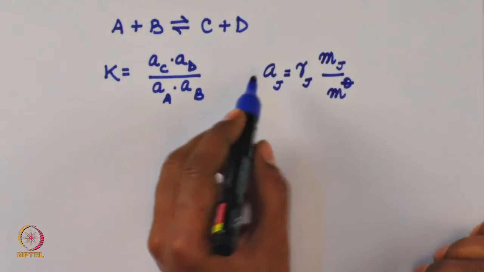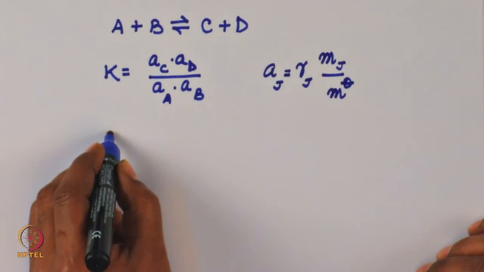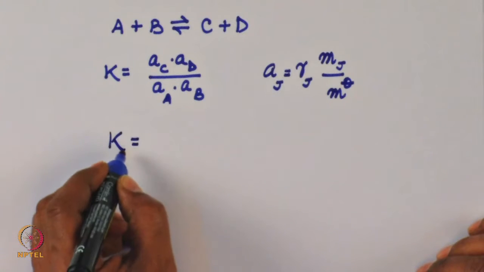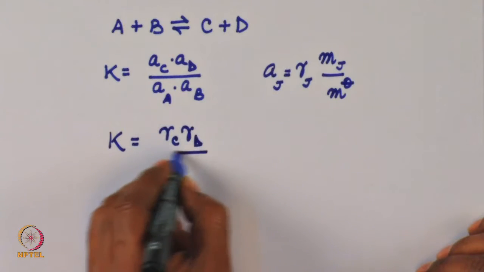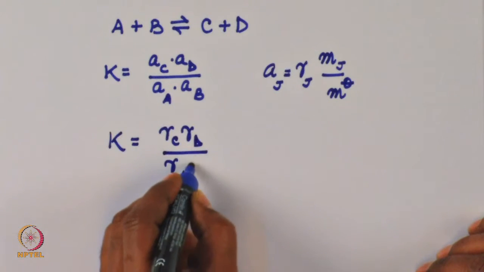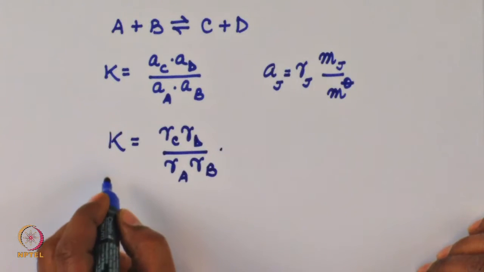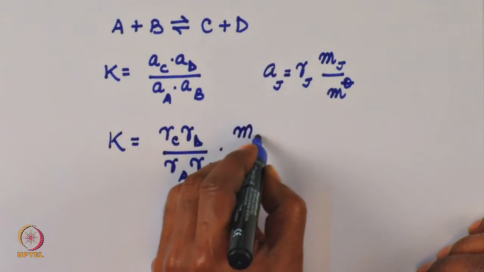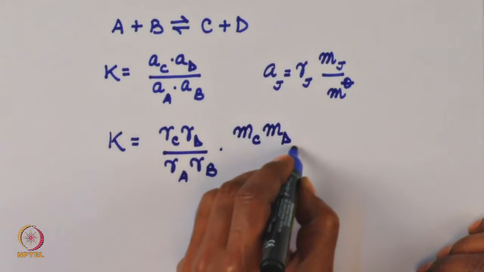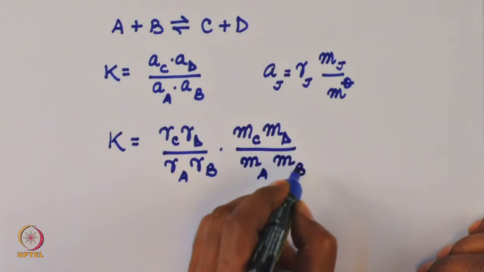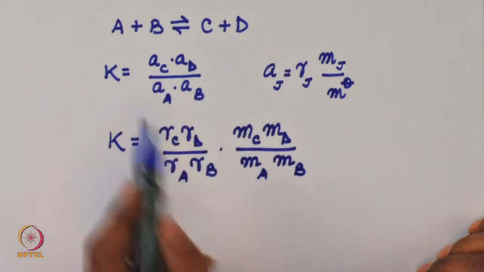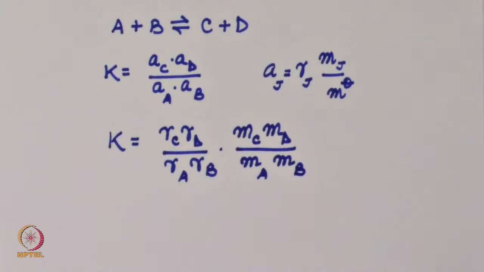Now, if I substitute these activities over here, I can write K as gamma C, gamma D over gamma A, gamma B into m C m D over molality of A, molality of B. M naught will get cancelled because there are same numbers of products and reactants in the numerator and denominator, so I am not writing m naught.